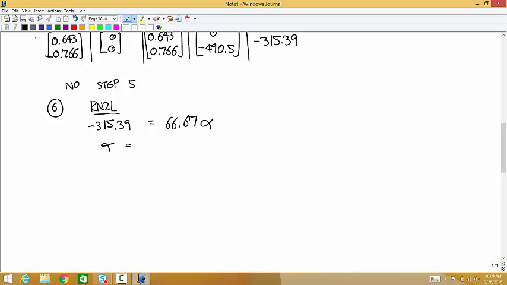Negative 4.73. Okay, and that's radians per second squared. If you want to write it as a vector, that's happening in the z direction, so that's 0, 0, negative 4.73 radians per second squared. All right, that's the angular acceleration.